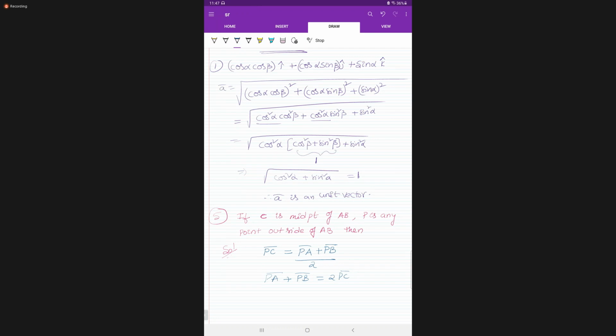Next, see this one, dot product, page number 155.